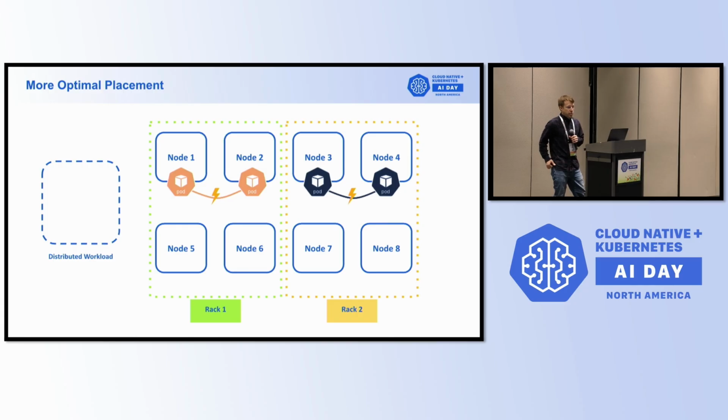Packing all the pods into a single rack is not always the best strategy, and not always possible either. By analyzing the workload's communication patterns, the scheduler can determine that tight proximity across all pods is not always required.